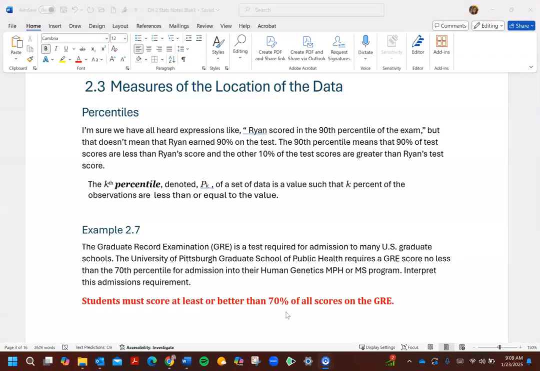You might want to just jot the answer down there. Students must score at least or better than 70% of all scores on the GRE. That's just the way to word it. A lot of it's semantics, but it really does make a big difference if you're talking about I got a 70% on my test versus I was at the 70th percentile.